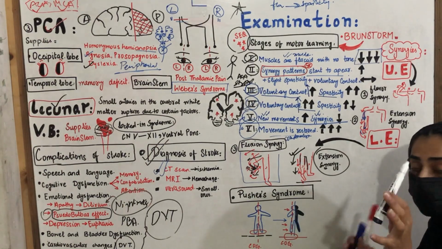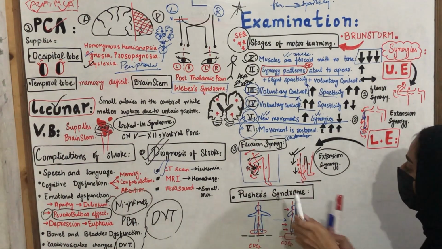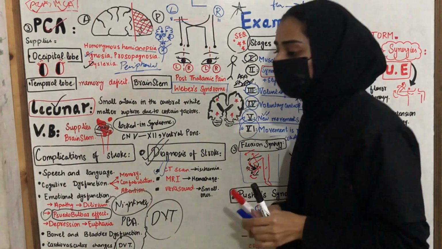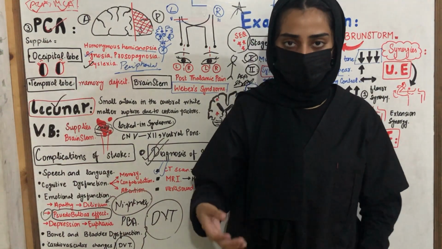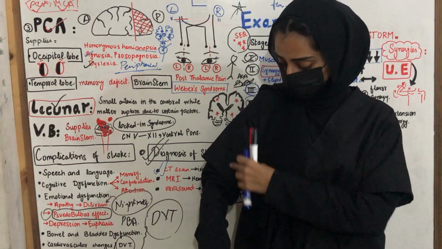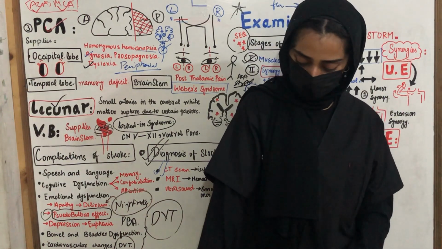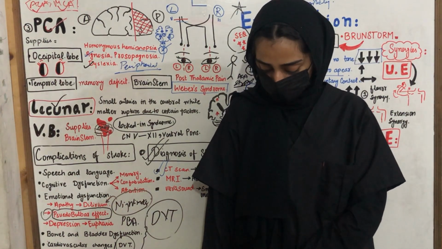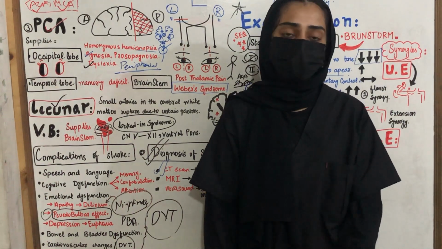If you visualize this, internal rotation means that your feet will point inwards this time, and your feet will plantar flex. So in this case, if I have an extension synergy after stroke in the lower limb and I want to move a limb, my hip will extend, the knee will extend, there is internal rotation so the feet point inward this time, and the feet will go into plantar flexion. This is the extension synergy.